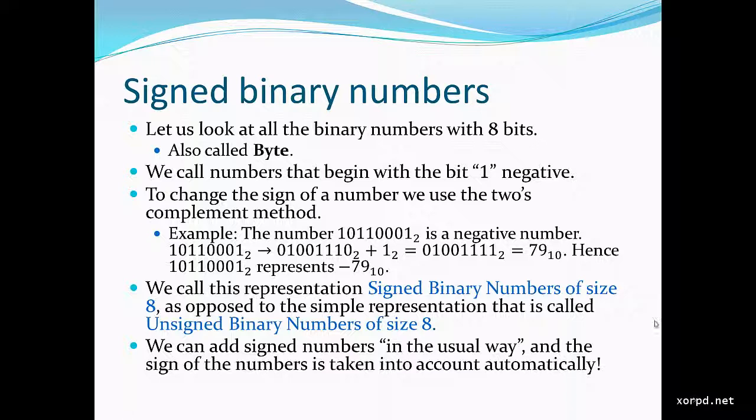When I say numbers that begin with the bit 1, I mean bit number 8. Usually it is going to be the first bit from the left, but you might encounter numbers which just have fewer bits, for example, the number 110. The number 110 only has 3 digits, but you might think that it is negative because the leftmost digit is 1.